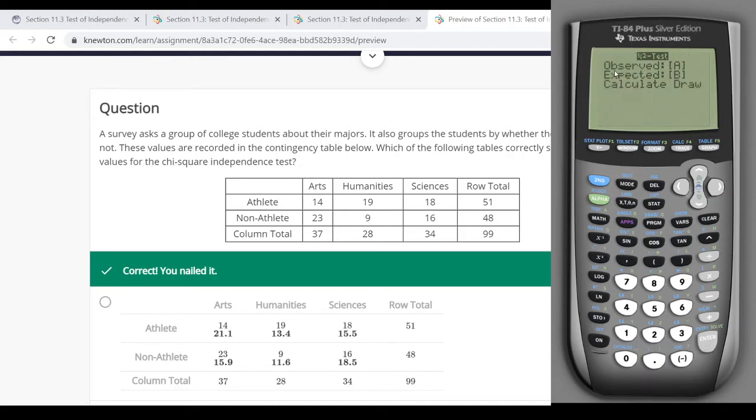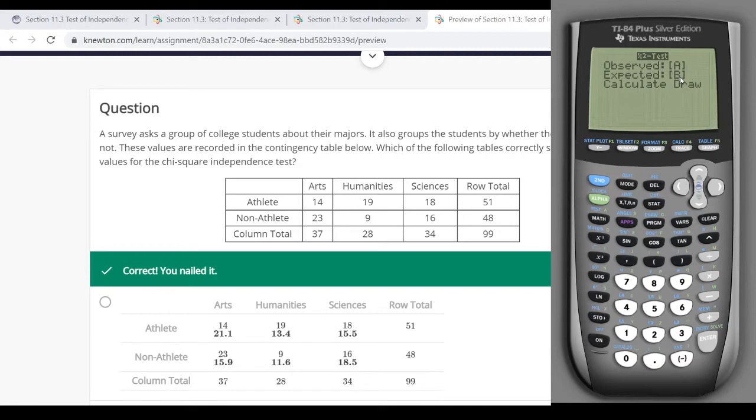Hit enter. And then it says, what's your observed matrix? You see the thing surrounded by brackets? I did enter that in matrix A, so keep that as matrix A, if that's where you put the observed counts. Then, we didn't write down an expected matrix, but we don't have to. It's going to do it for us, and I'll show you. So make sure this expected matrix is some other letter matrix.